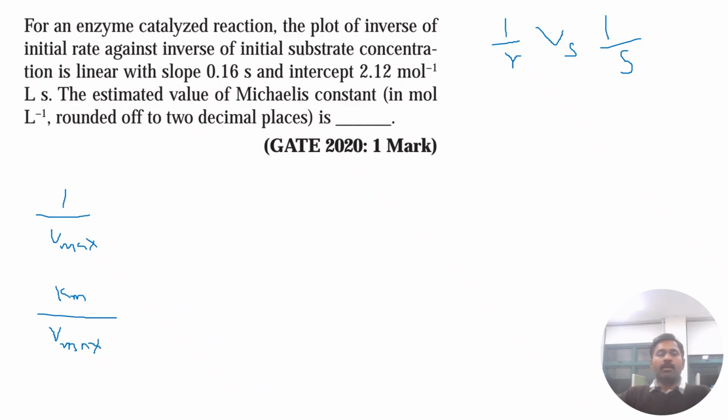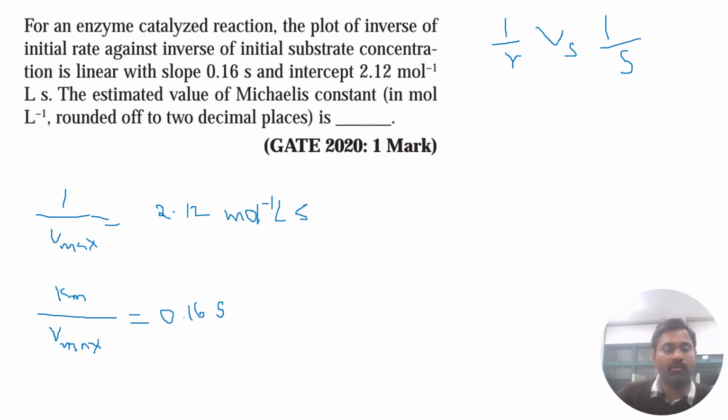Okay, intercept 1 by Vmax is given as 2.12 and Km by Vmax is given as 0.16 seconds. So this is already given in moles per liter, so moles per liter is molar, so you don't need to do any conversion.